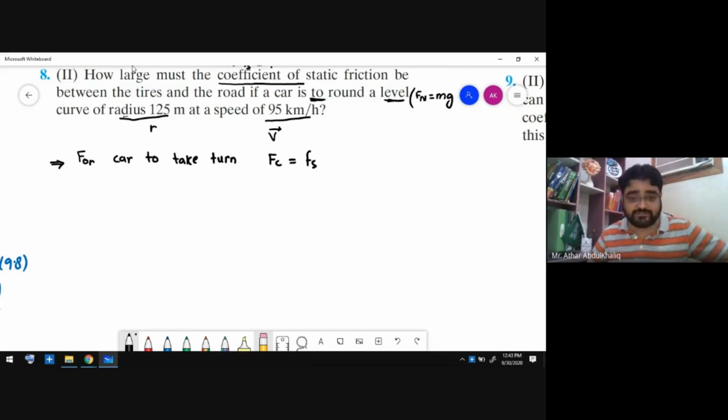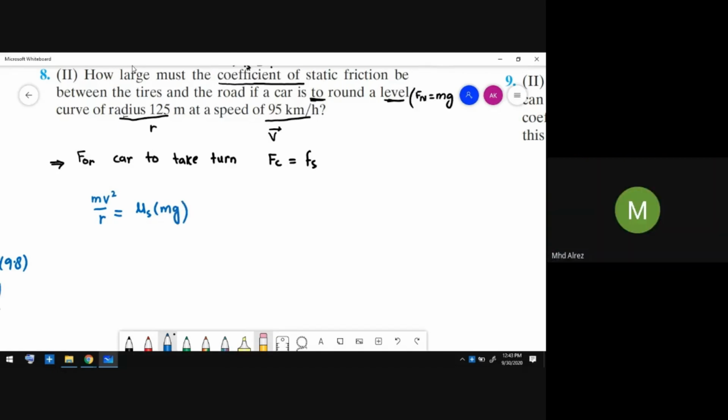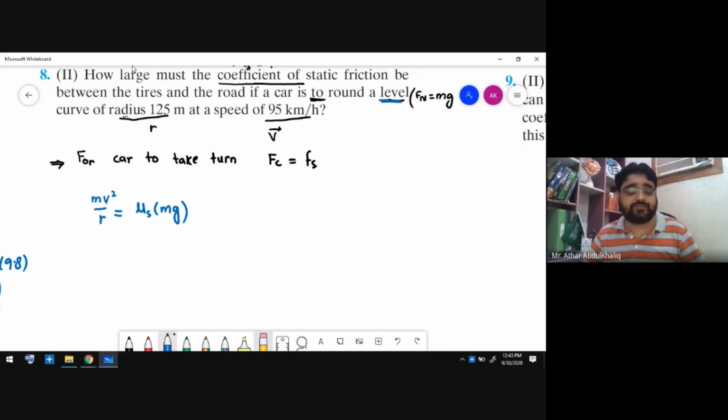Starting from this condition, Fc is equal to Fs. Fc was equal to m v squared over r, and Fs was mu s mg. I can write mg directly because Fn is equal to mg on a flat surface, a level road. Now the mass m is for the same car, so m and m are cancelled.